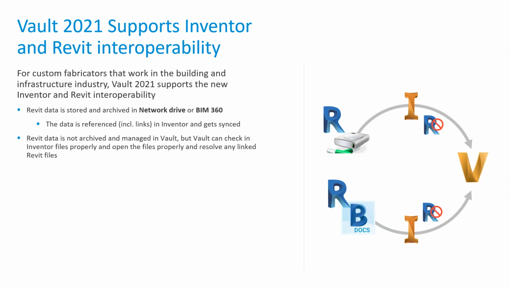So especially if you're an equipment supplier or fabricator for the building industry, and you have to incorporate Revit data into your Inventor models, but it didn't come from you, or you don't want to manage it in your Vault especially. There's some really nice new features in 2021 for that, right?